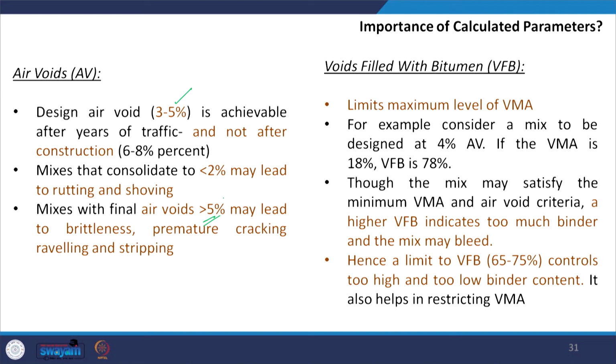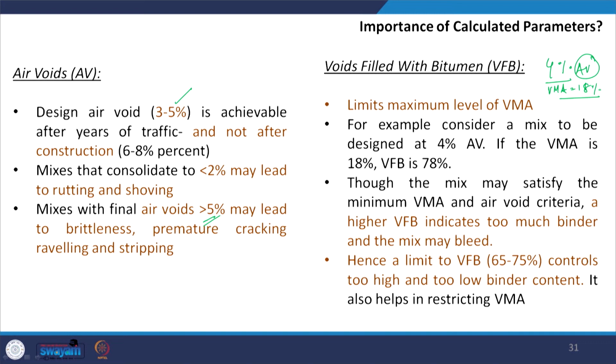Let us say that we have a mix which is to be designed at 4% air void. Once you have prepared the mixture, you found the optimum binder content corresponding to 4% air void, and for that mixture you found that the VMA is equal to 18%, let us say.